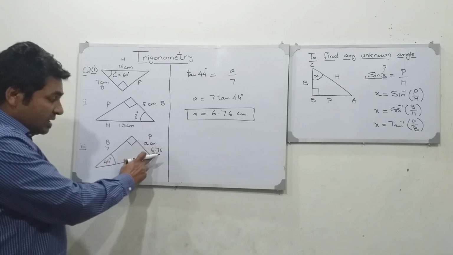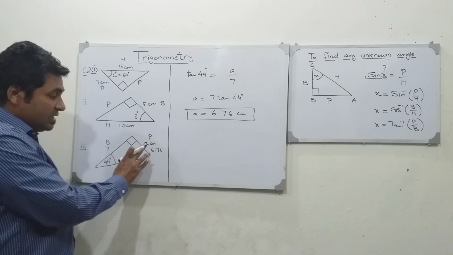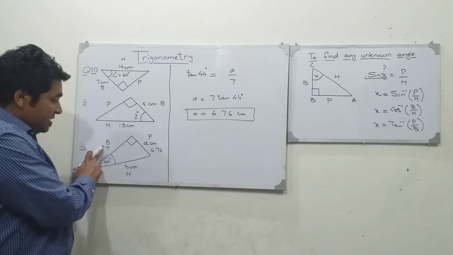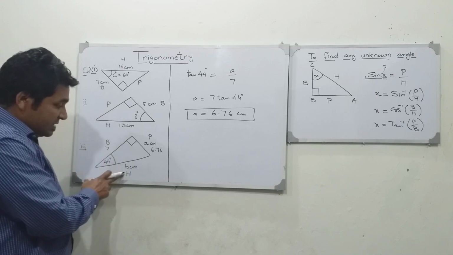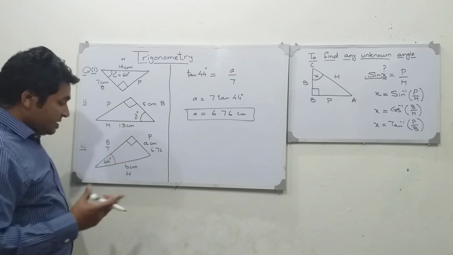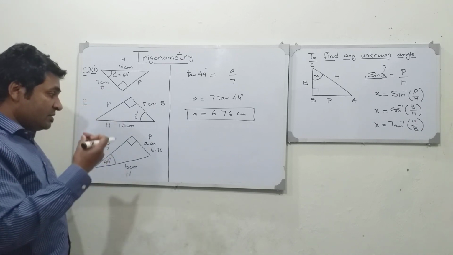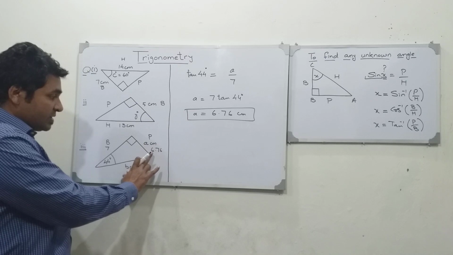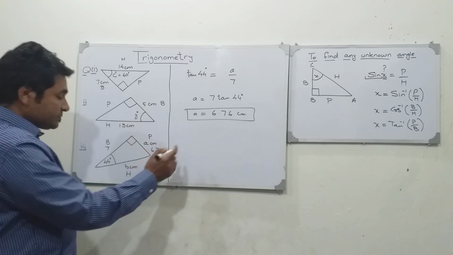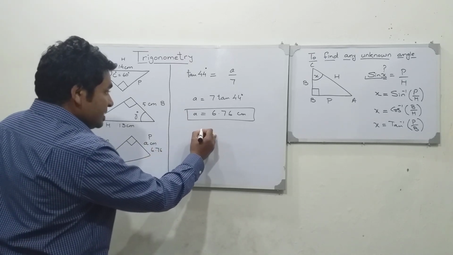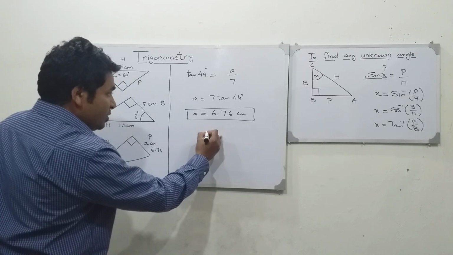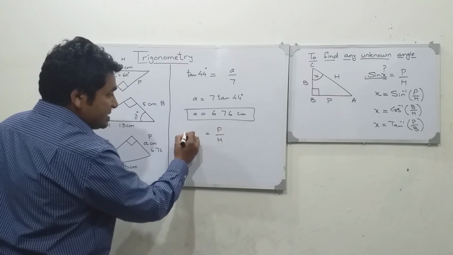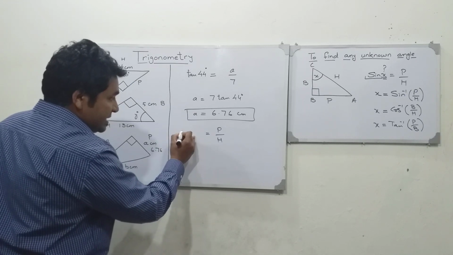If you take perpendicular over hypotenuse, then it will be sine, and if you take 7 over hypotenuse, base over hypotenuse, it will be cos. So it's up to you. Both ratios will give you the same answer, no need to worry. So if you use this one, perpendicular over hypotenuse, that you know is always known as the sine ratio.